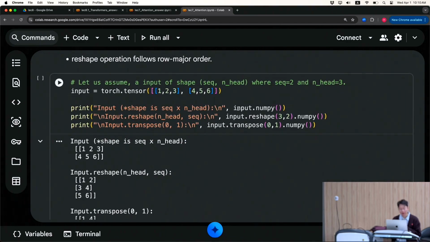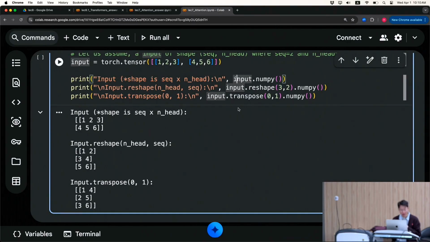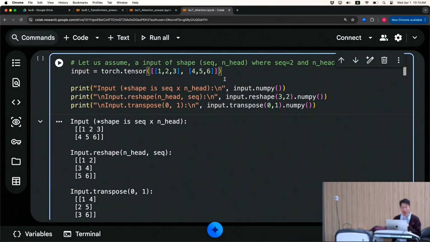Just to help you before you implement anything, we provided a small tutorial here that could be useful. There's a reshape and a transpose. How are they different? Let's suppose we have this 2x3 matrix.